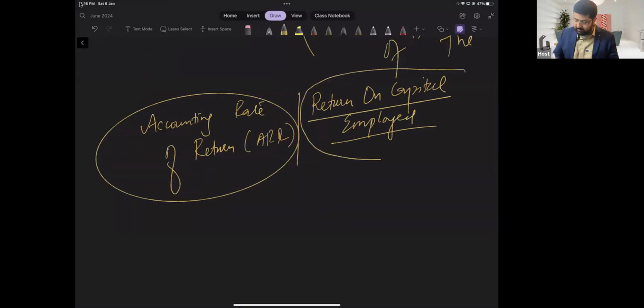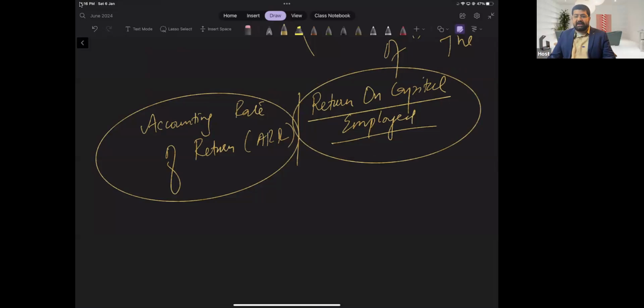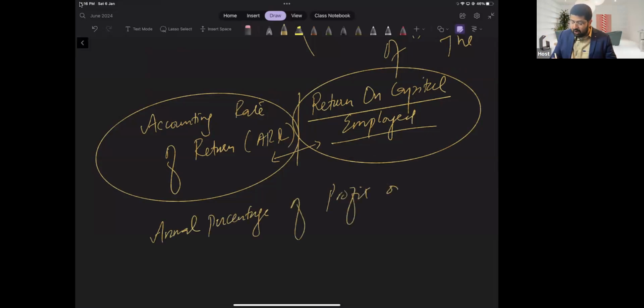Accounting rate of return and return on capital employed, two names, same thing. It basically tells the annual percentage of profit on investment, or average investment as well sometimes.